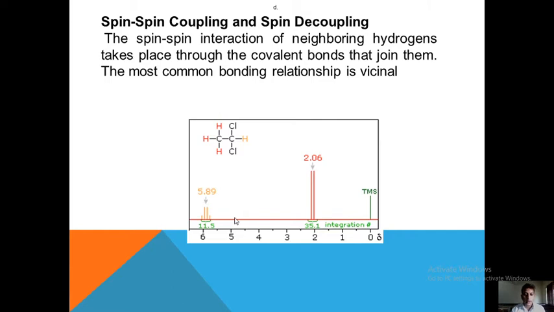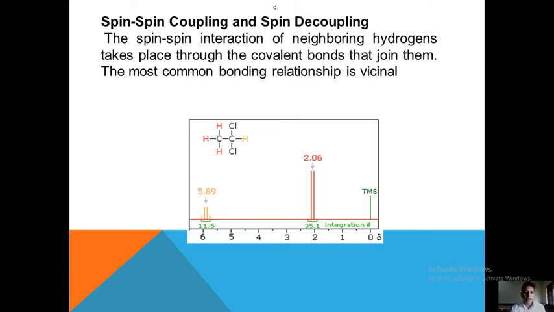The line separations in a splitting pattern are measured in hertz, and as a characteristic of the efficiency of the spin interaction they are referred to as the coupling constant, symbol J. In the next slide we are going to learn about the coupling constant. In the above example, the coupling constant is 6 hertz. So these protons are coupled by 6 hertz.